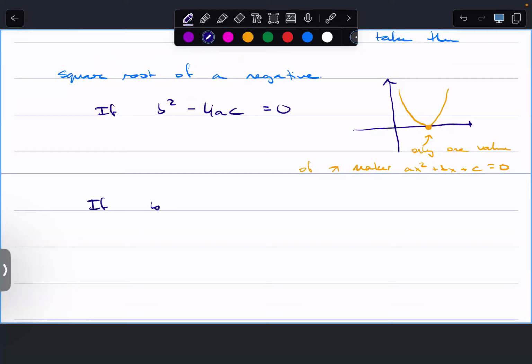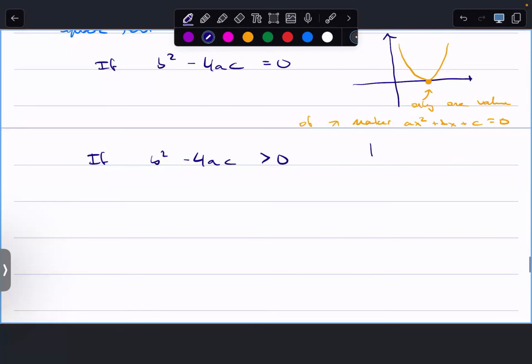We already saw if b squared minus 4ac is greater than 0, then just in general, we're going to have something that might look like this, right?